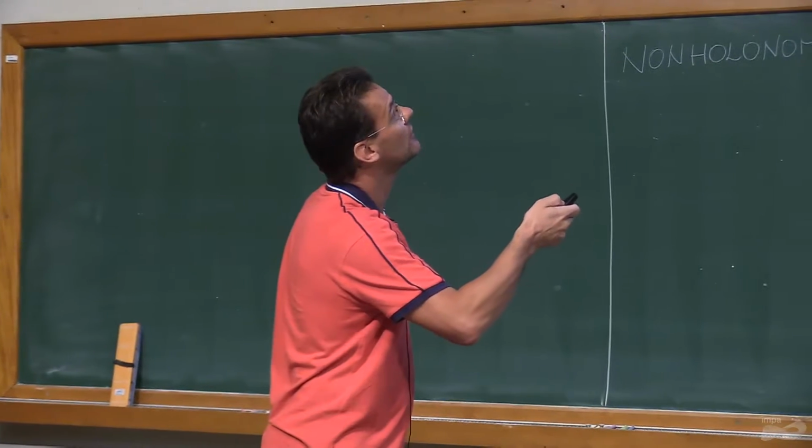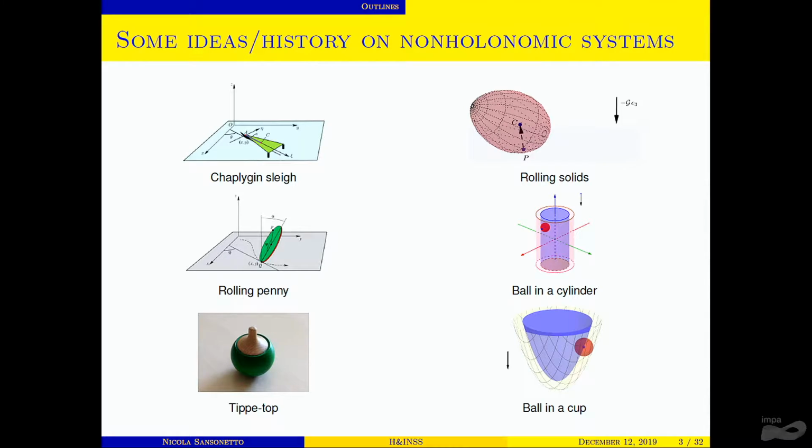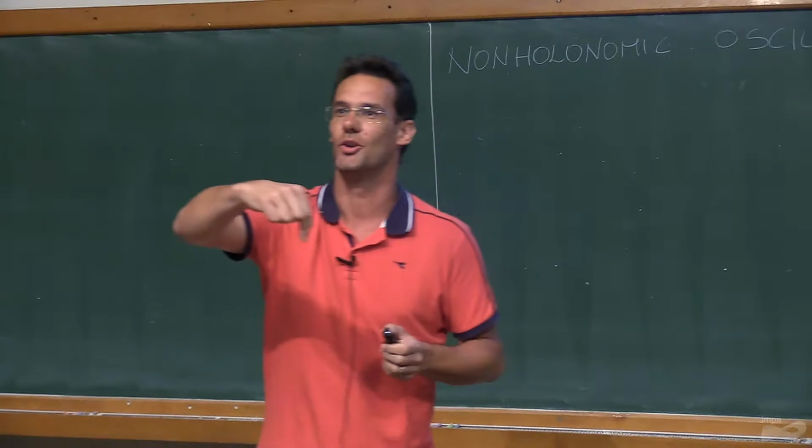Then, of course, there is a kind of solid of revolution that rolls without sliding on a plane. And here there are two nice examples. The first one is a homogeneous ball that rolls without sliding inside a cylinder. And it is claimed to be a model that explains why, when a golfer putts, it can happen that the ball goes near the hole and then goes out.